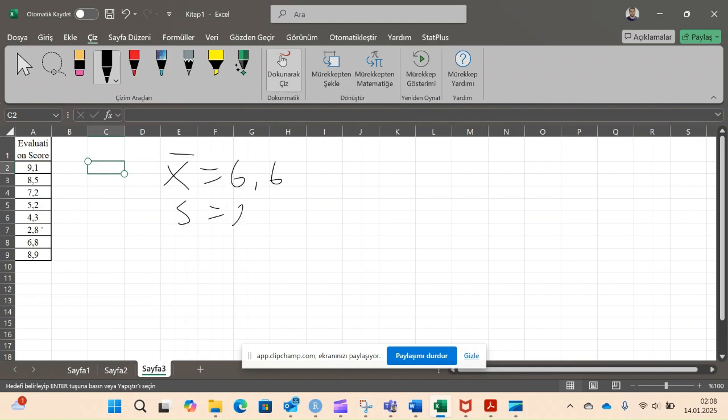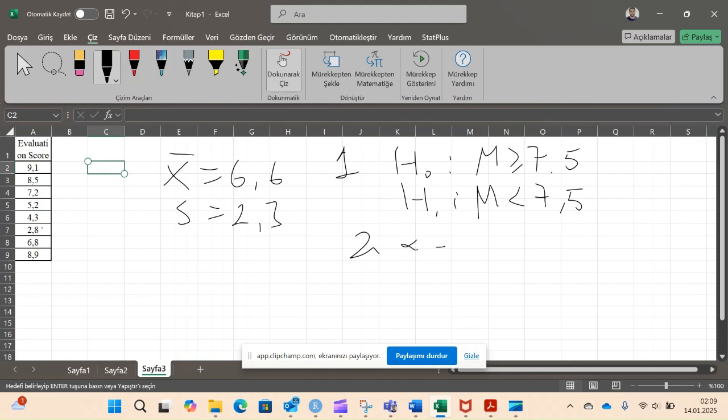Sample standard deviation is 2.3. The steps of the hypothesis test are again the same. For the first step, write null and alternative hypothesis. Here it asks if the population mean is below 7.5 or not. So in the null hypothesis we will say that the mean is higher or equal to 7.5. And second step, alpha value, which is here again 0.05.